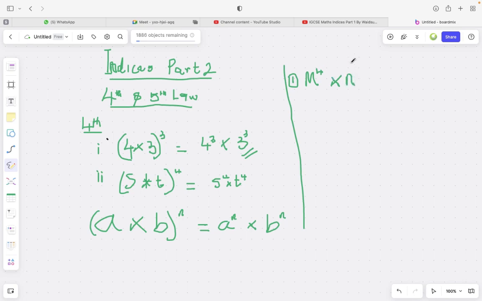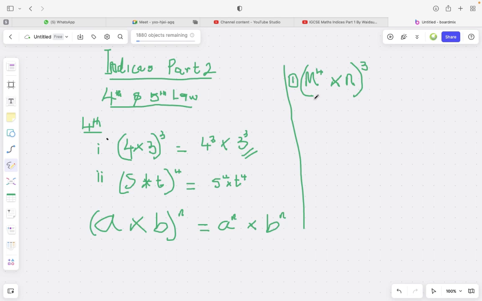If everything is to the power of 3, you must put a bracket to show that the power is talking to everything inside the bracket. So I'm going to put the power of 3 here.